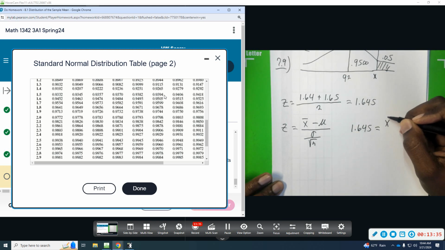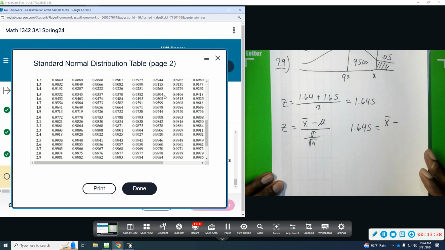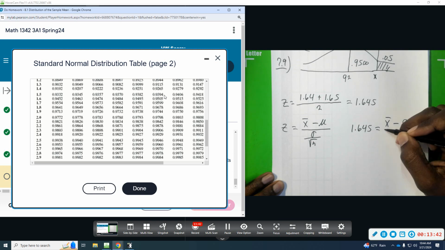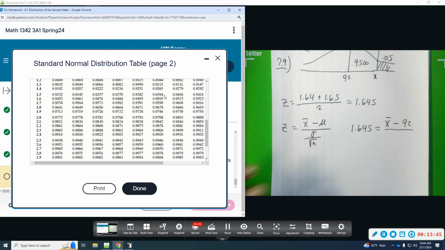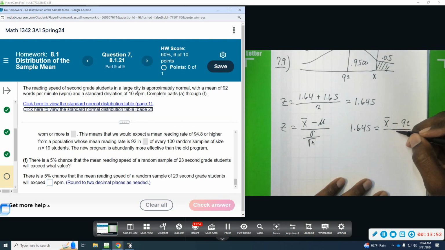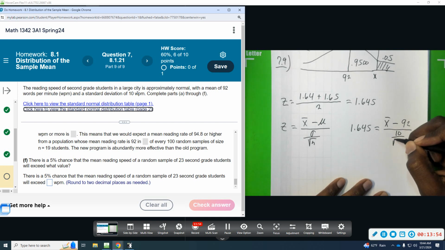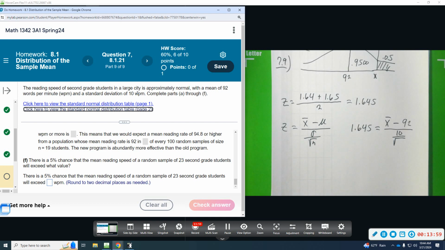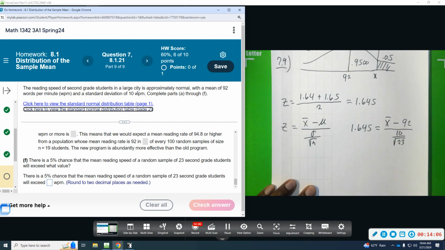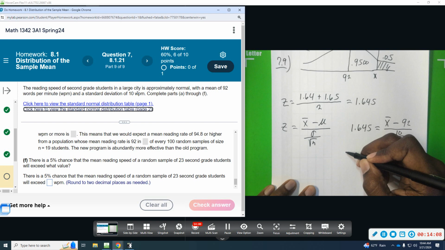equal to x bar minus the mean of 92 divided by the standard deviation of, what was that, 10 over square root of, our sample size was 23. Alright, so we're going to work backwards by multiplying by the denominator to get this fraction going.